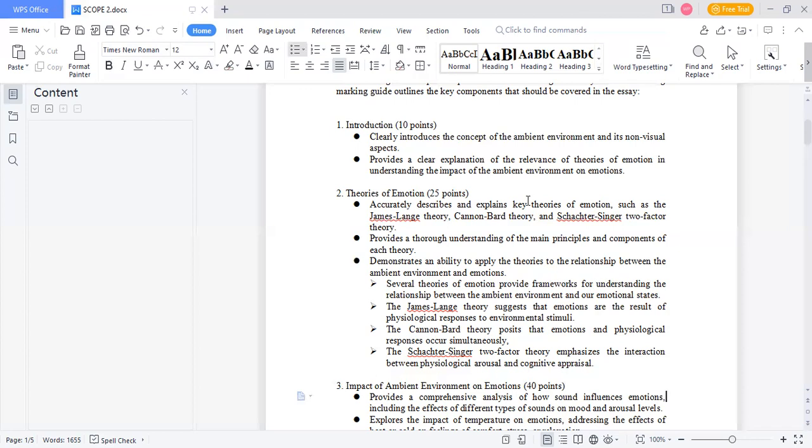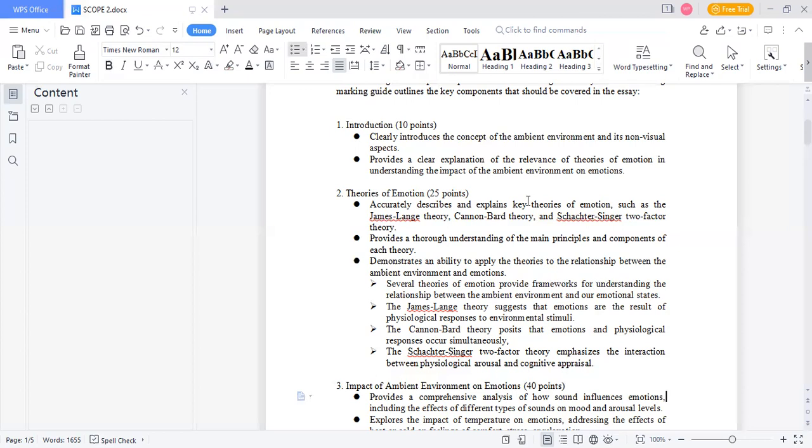But down there is a little synopsis of some of those theories, several theories of emotion that provide frameworks for understanding the relationship between our ambient environment and emotional states. The first theory looks at emotions as the result of physiological responses to environmental stimuli. That is the James and Lange theory: our emotions are the result of physiological responses to environmental stimulation.